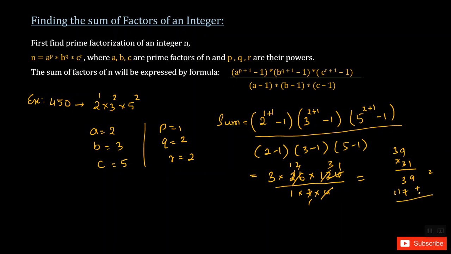Just add them all: 9, 3 plus 7 is 10, 0 carry 1, it's going to be 12. So the sum of all the factors here is 1209. So the sum of all the factors of 450 is 1209.